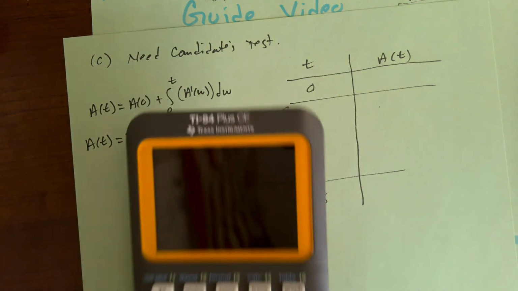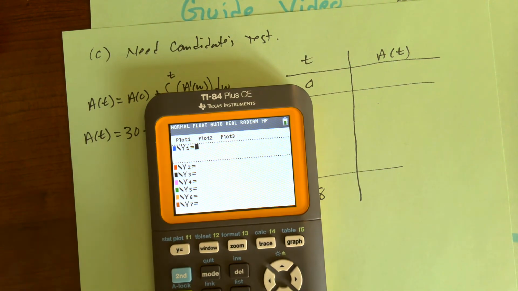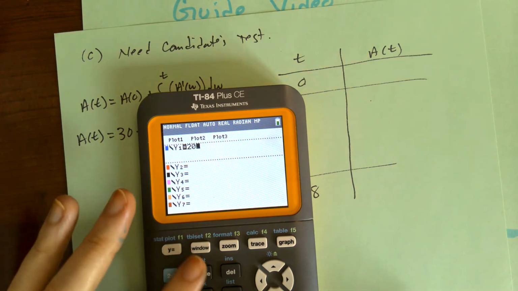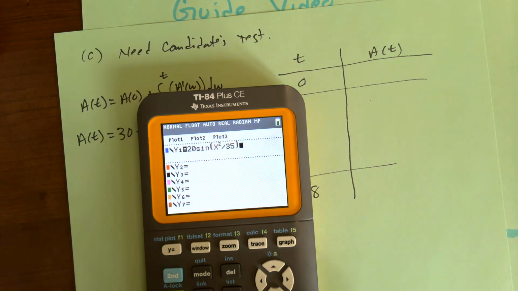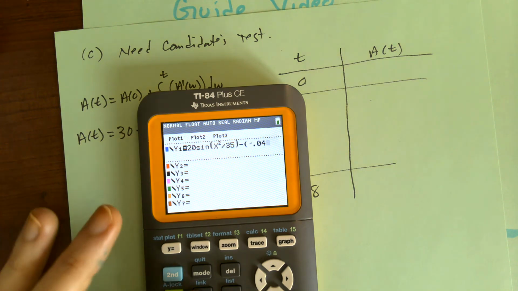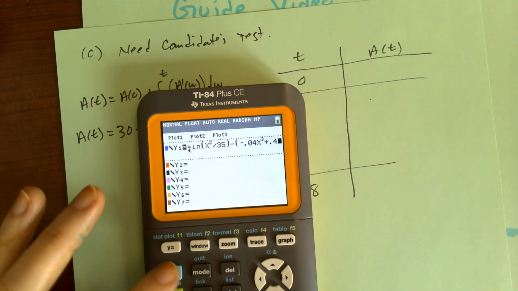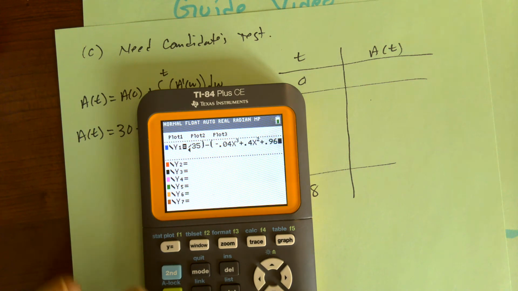And I've got to type it into my calculator. And you should be doing all of this at your own pace as well. So 20 sine of b squared over 35 minus, in parentheses, negative 0.04 cubed plus 0.4 plus 0.96.